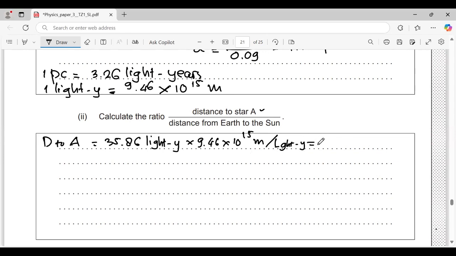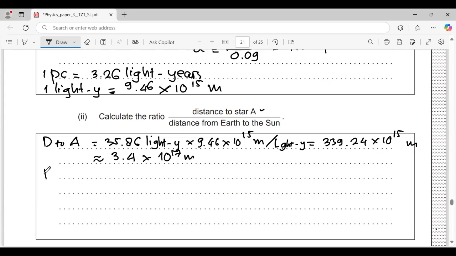Okay. So the result, I have calculated, is 339.24 times 10 power 15, and approximately it becomes 3.4 to two significant figures, times 10 power 17 meters, of course. Right.